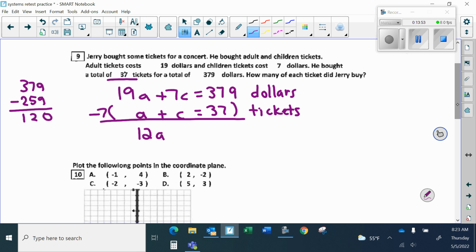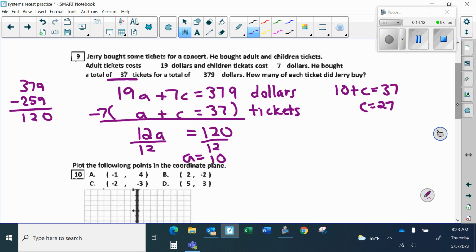And I get 120. Okay, last step, divide by 12. And so A equals 10. So if I have 10 plus children's tickets equals 37, what number plus 10 is 37? That'd be 27. So I have adult tickets equals 10, children equals 27.